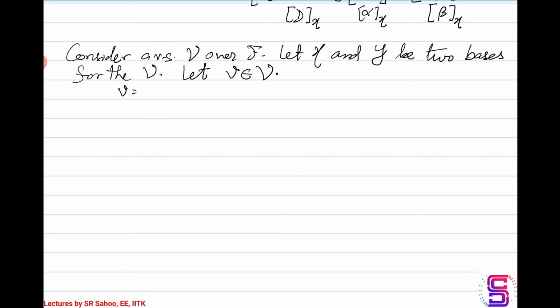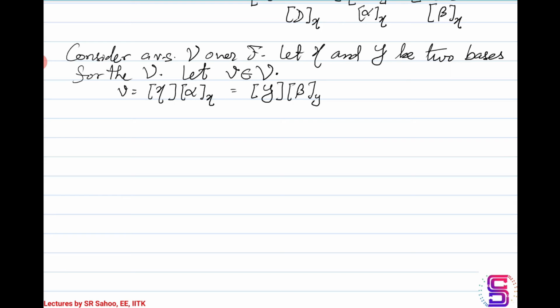So v in terms of basis X has the coordinates alpha X, and in terms of the basis Y has the coordinates, let's say, beta Y. Okay, the same vector in two different coordinate frames. So how are the coordinates in basis X related to the coordinates in basis Y, where they are coordinates for the same vector but in different bases, so different coordinate frames?